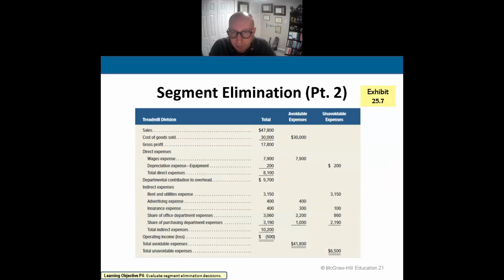If I remove the treadmill division, I would save $41,800 in total costs. However, I would still have $6,500 in unavoidable costs. These are costs that I cannot remove.